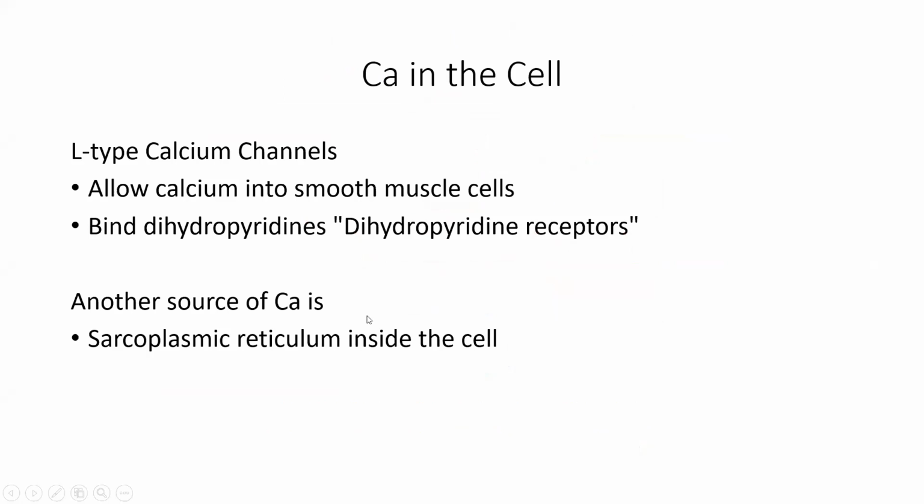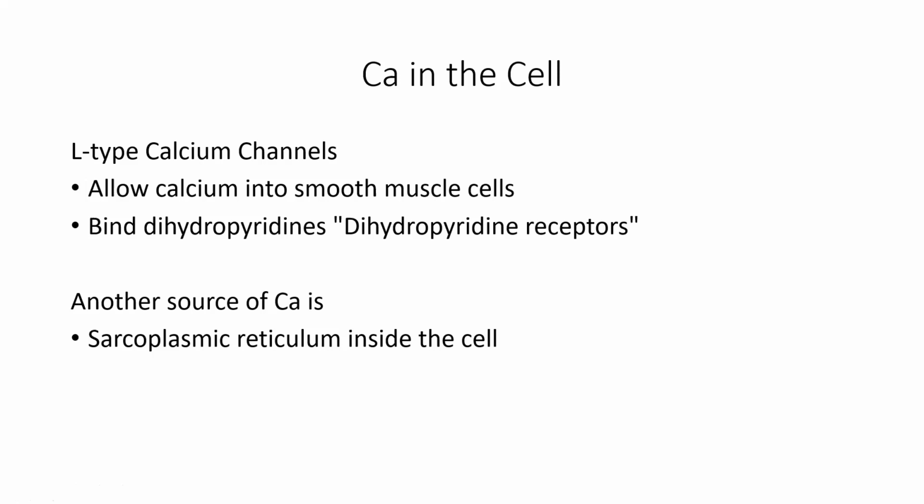And another one, which is also responsible for increasing calcium level inside the cell, is the receptor located in the sarcoplasmic reticulum, which is responsible for release of calcium from the sarcoplasmic reticulum, where it is specifically stored during relaxation, and during contraction, it has to be released from the SR.